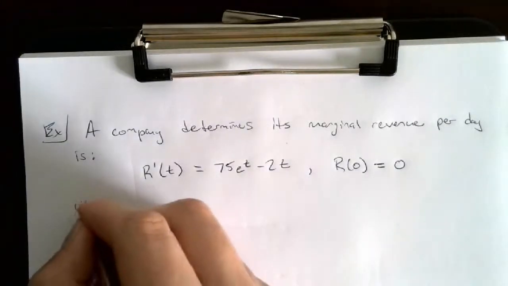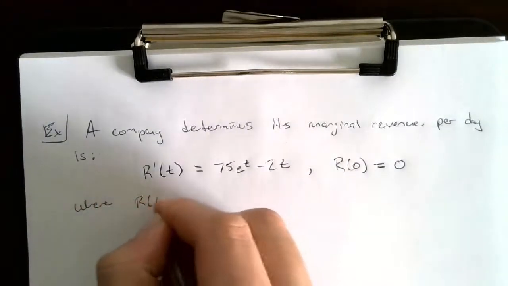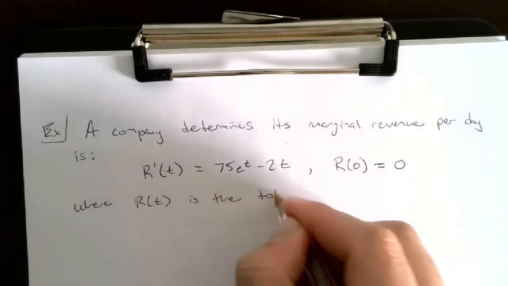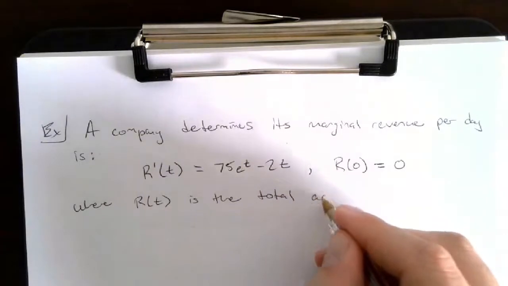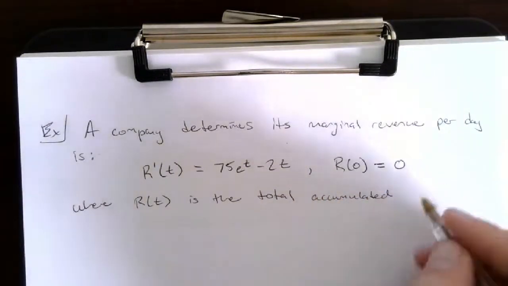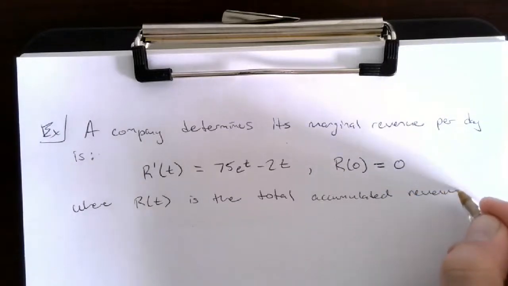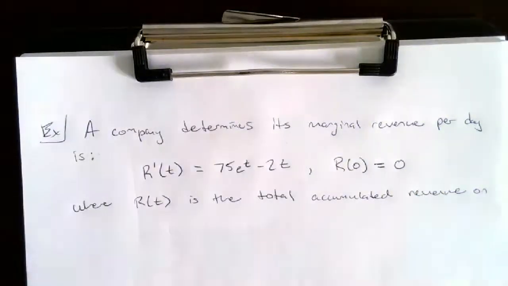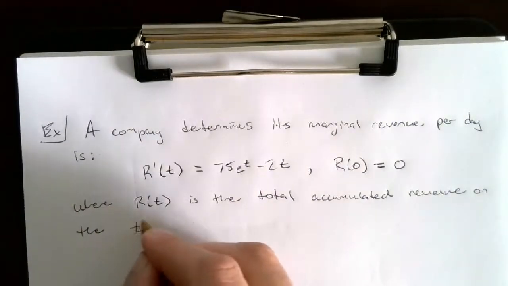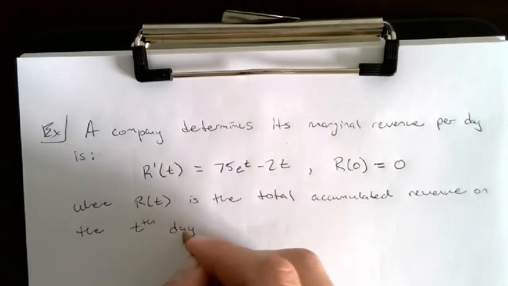All right, so where r of t is the total accumulated revenue on the tth day.